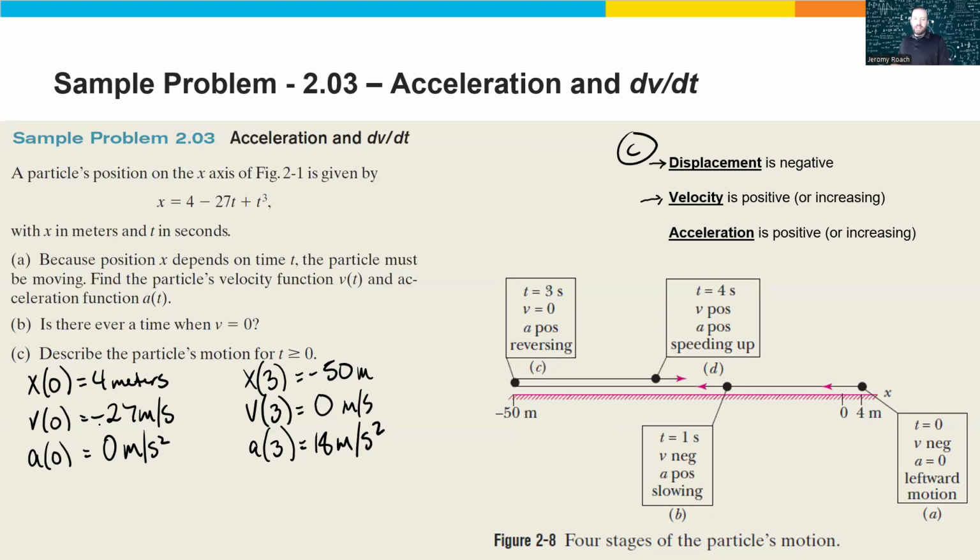It's starting at a negative value, negative 27, but it ends up at 0. So even though the velocity is at 0, it's still increasing from 0 seconds to 3 seconds. And the acceleration is also increasing. From 0 seconds to 3 seconds, our acceleration goes up by 18.